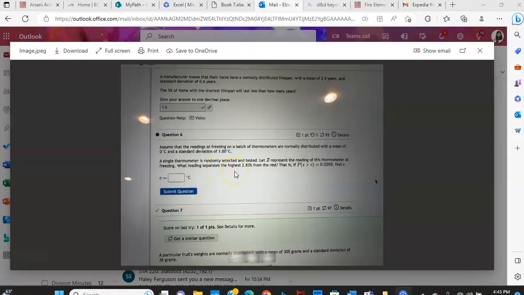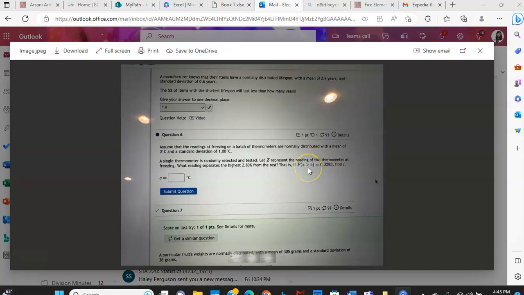Now this last one, you're going to do in exactly the same way as the one we did a few minutes ago. Notice that the mean is 0, standard deviation is 1, and again, we want to know what is the original z that is greater than the number we're looking for, such that the probability is this.